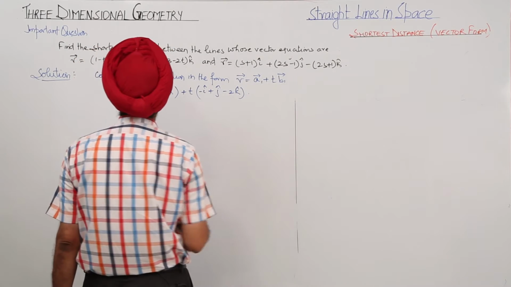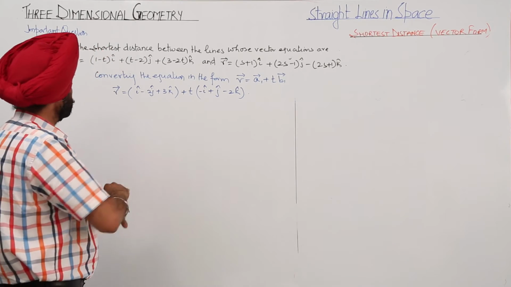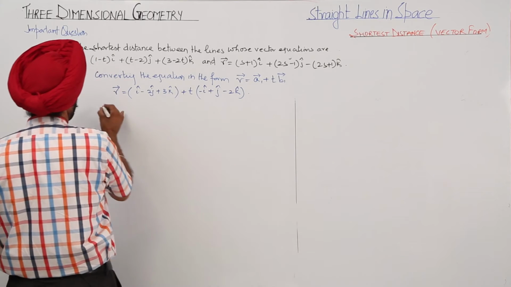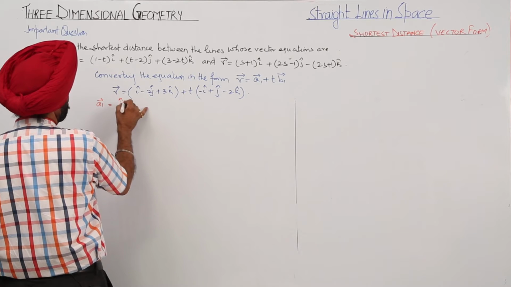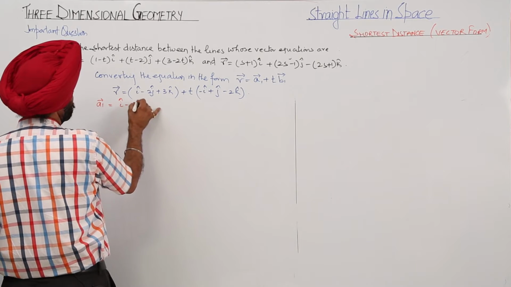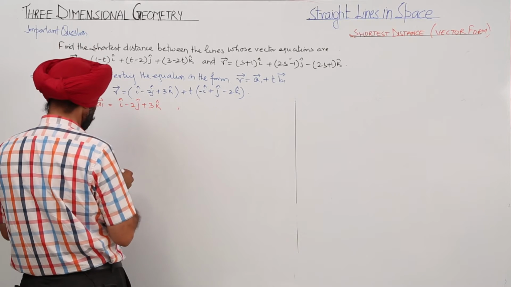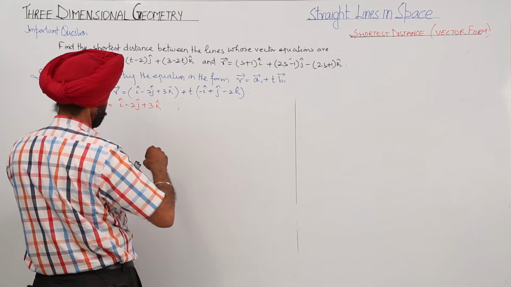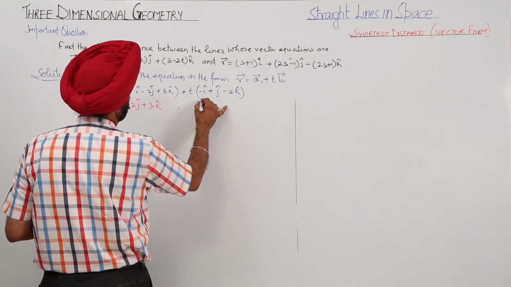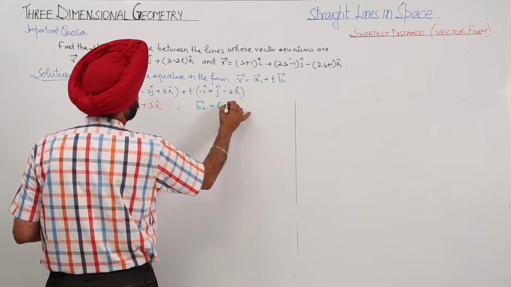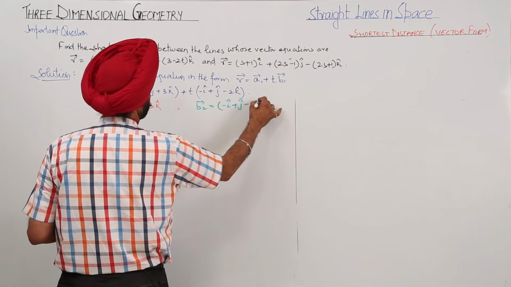So now this is equation number 1. Now here vector a1 is equal to i cap minus 2 j cap plus 3 k cap and vector b1 is equal to minus i cap plus j cap minus 2 k cap.